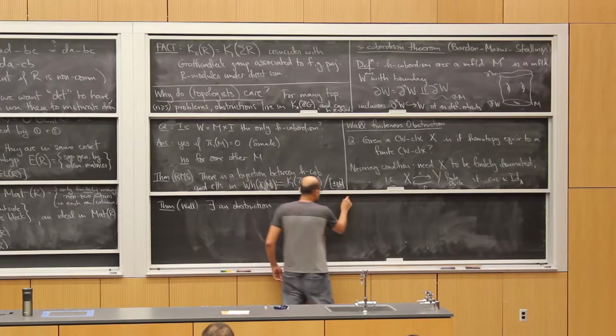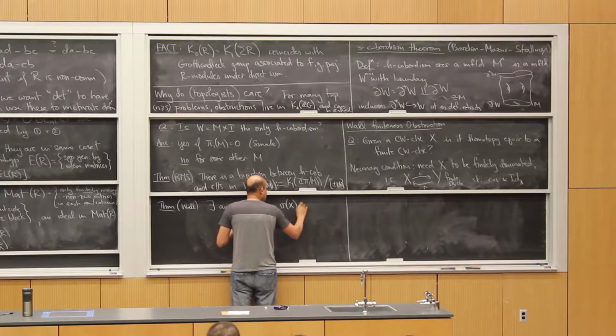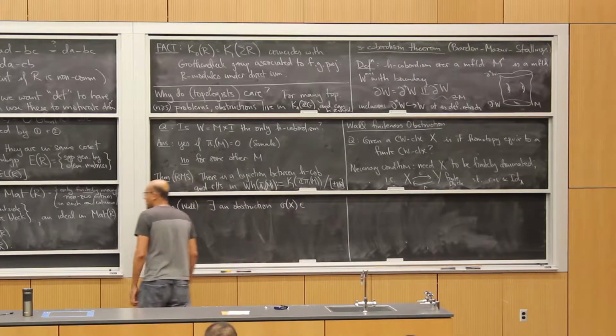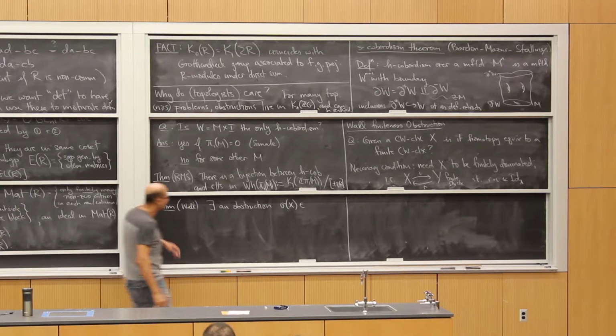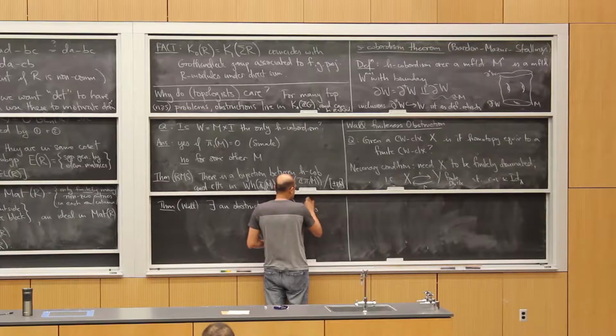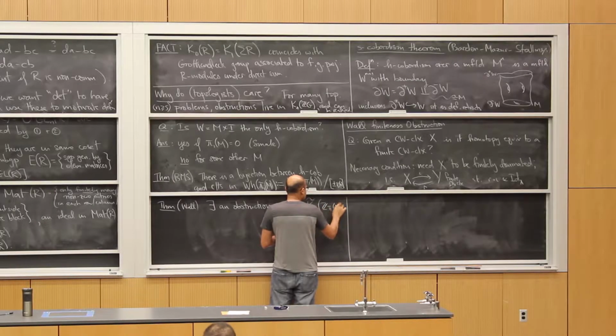Given this picture here, there is an obstruction sigma of X, and this lives in a reduced K0 group of, again, Z pi_1 X.